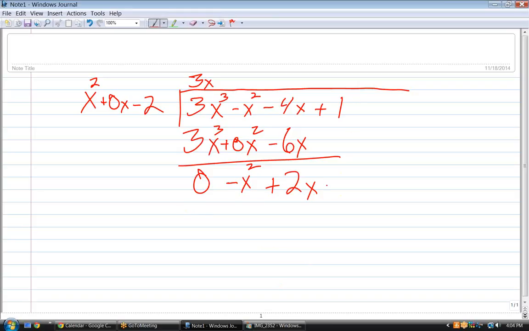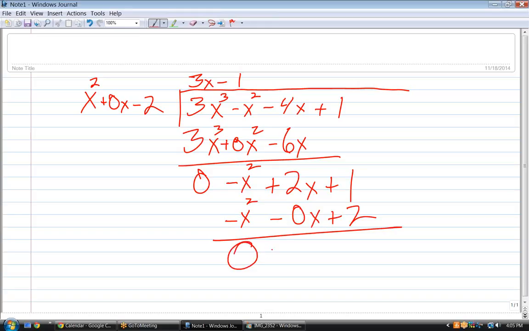Okay, and then we bring down the 1, just like with regular long division, and then repeat. Do every step the same way. I'm going to divide x squared into minus x squared. It goes minus 1 time. And I'm going to multiply the minus 1 by all 3 terms. And then I'm going to subtract.